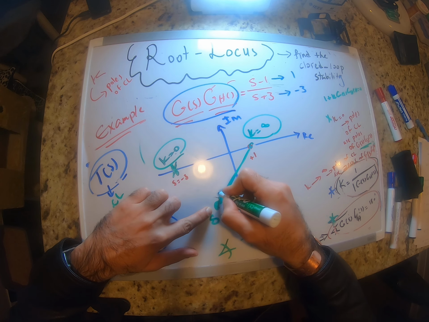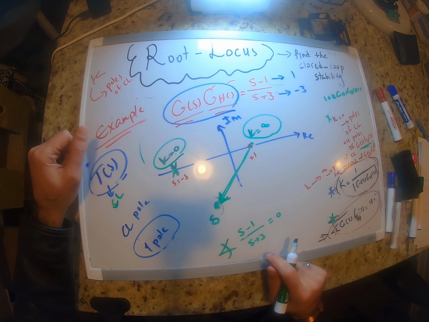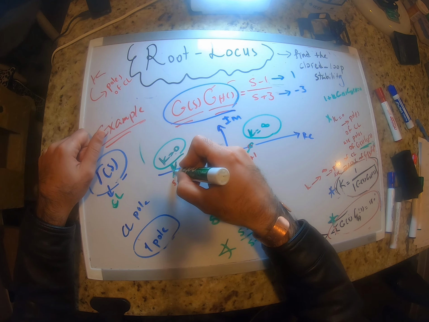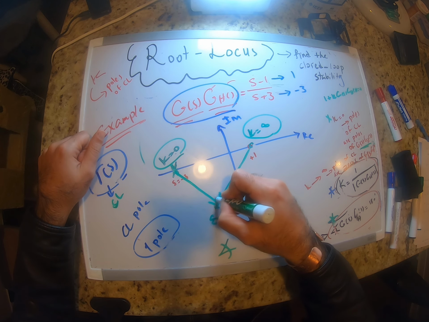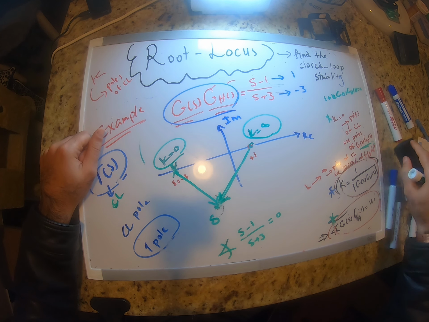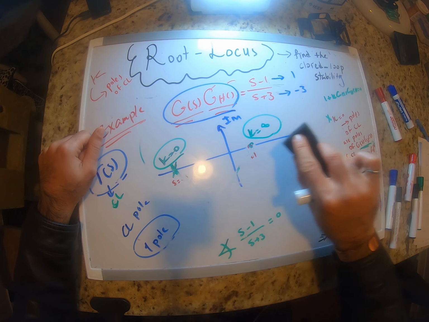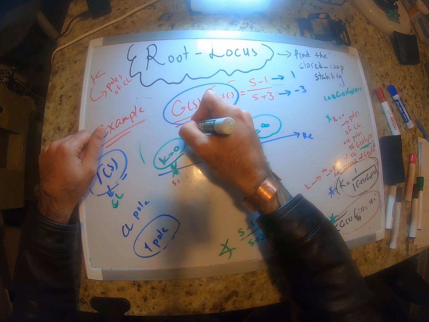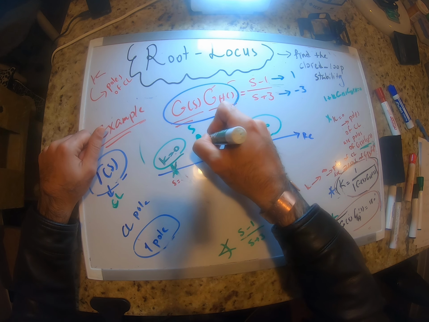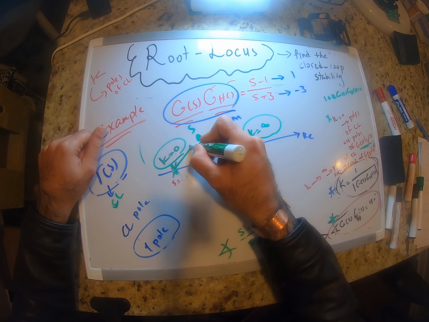This is a vector operation. s plus 3 would be this vector. Let me actually do it in the positive half plane so that it's more clear. So let's say this is s. This is s minus 1. This is s plus 3.